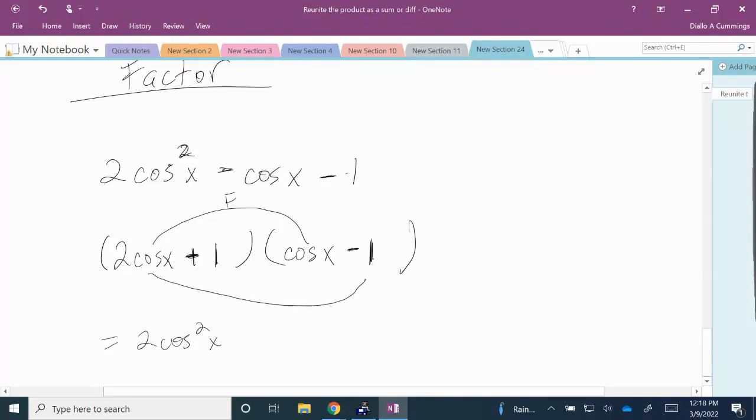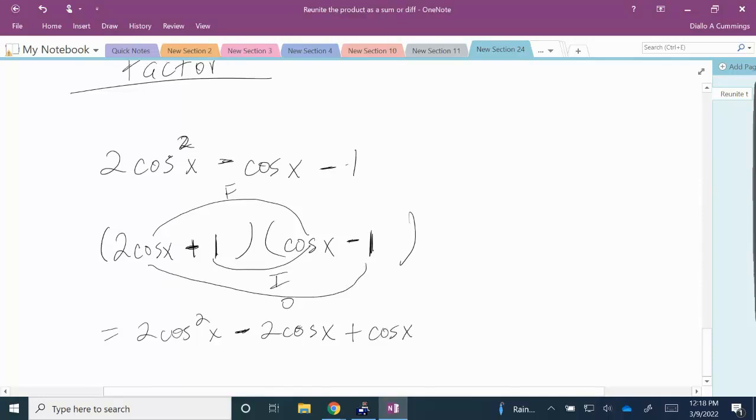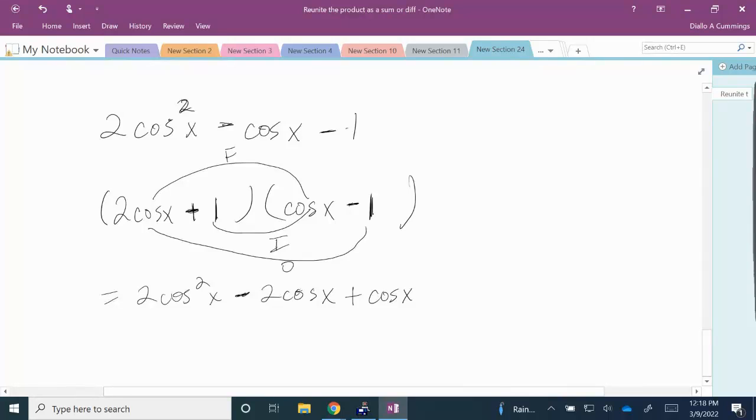Outermost terms, 2 cosine x times -1 is -2 cosine x. Innermost terms, 1 times cosine x is cosine x. And last terms, a positive times a negative is a negative, and 1 times 1 is 1.